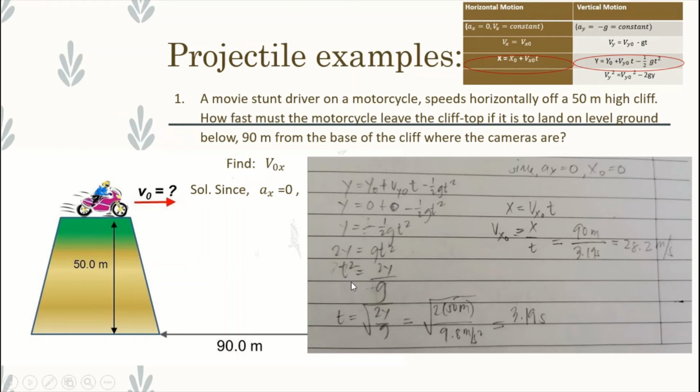And now we have here 2y over g t squared. Take note that for most of the time this becomes positive, really positive here.